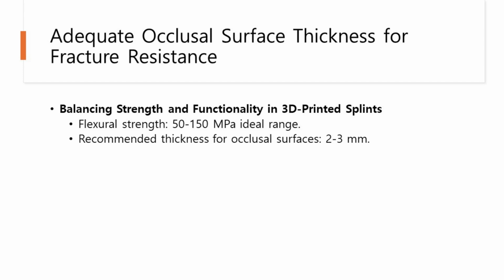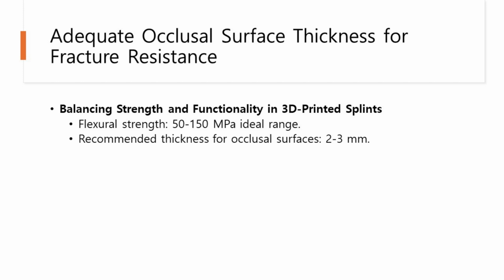When designing 3D printed occlusal splints, understanding the mechanical properties of the material is crucial. This ensures the splint has the necessary strength and functionality. The balance between the material's flexural strength and its surface hardness is critical.